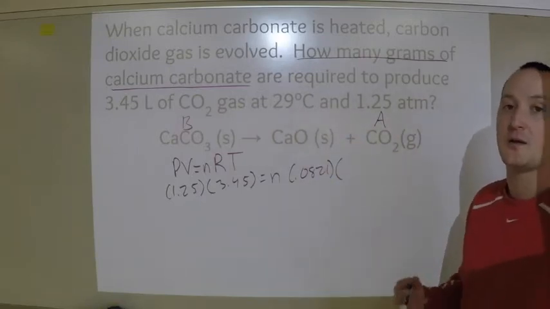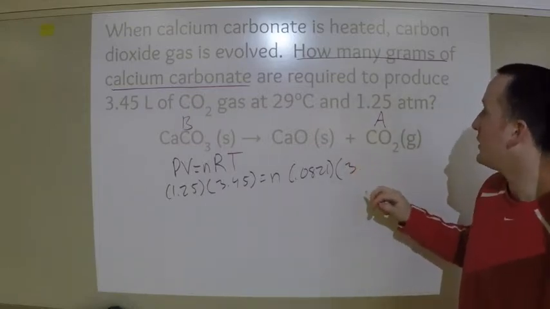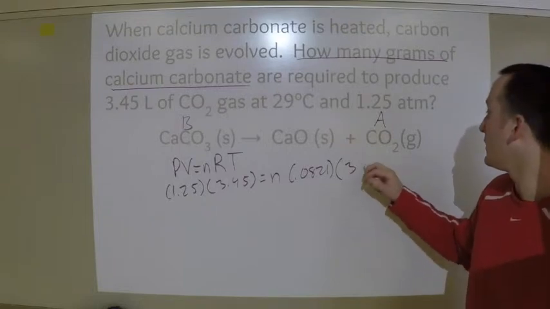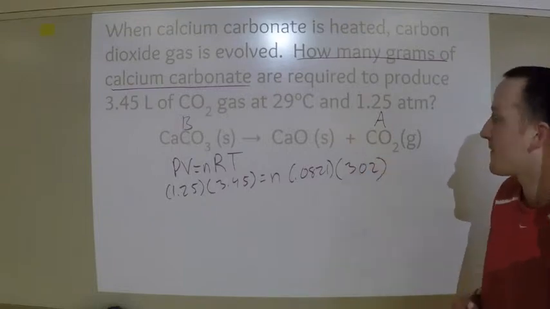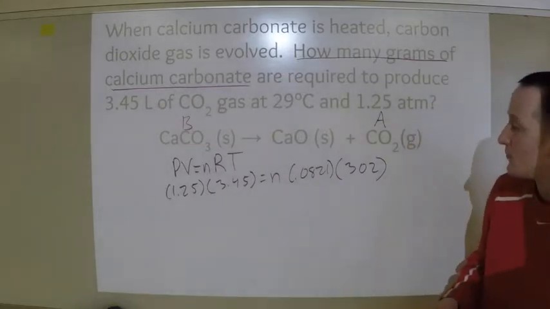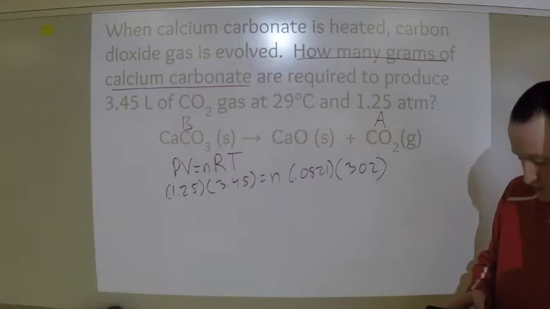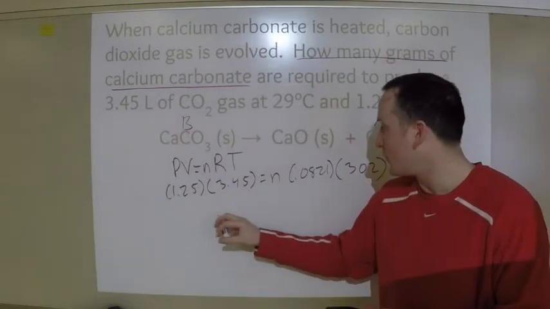I have to do 29 plus 273, which is going to be 302. Now I solve for n. So I'm going to solve both sides here. I'm going to do 1.25 times 3.45, and that's 4.31.